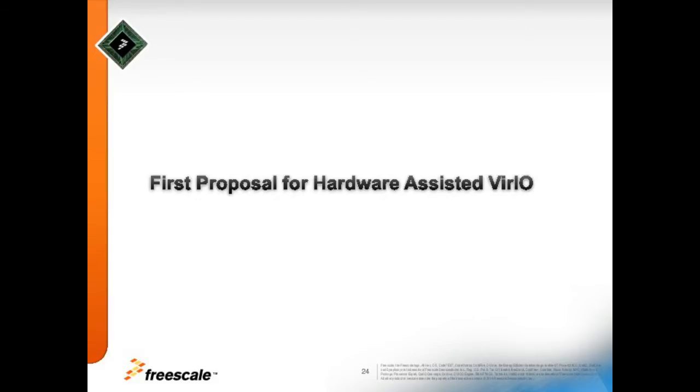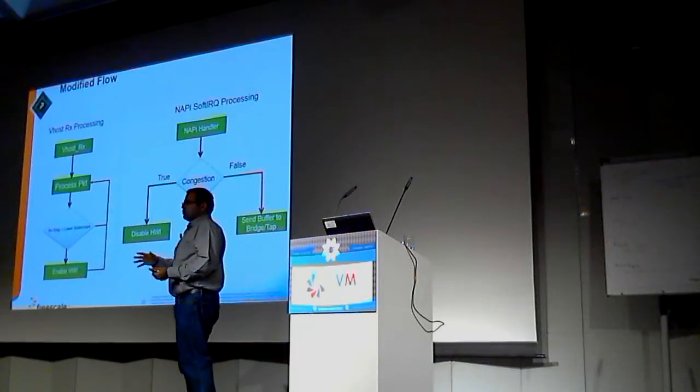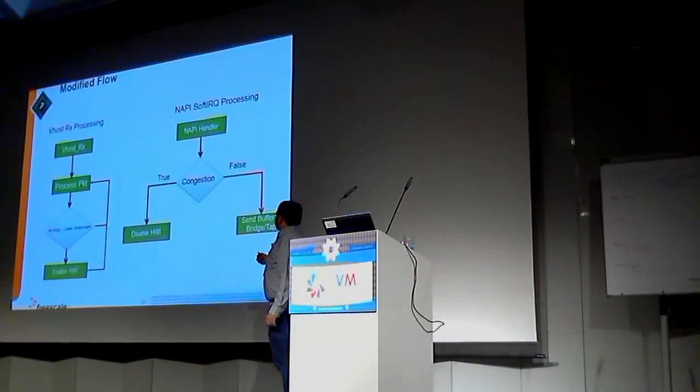Okay, so we tried a workaround to get around this problem. It was not a neat solution, but this is what we tried. As a part of the soft IRQ processing, done primarily at the tap socket level, we would check for congestion.